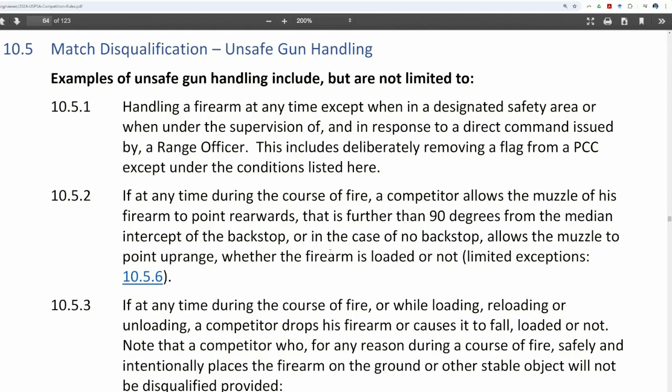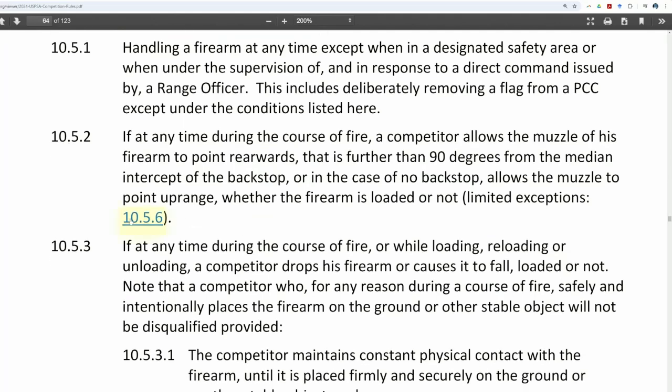So there's no mention of the front of the holster. 10.5.2 is the 180 rule, and it only mentions the muzzle, the direction that the muzzle is pointed. No mention of the holster and where the holster is pointed.